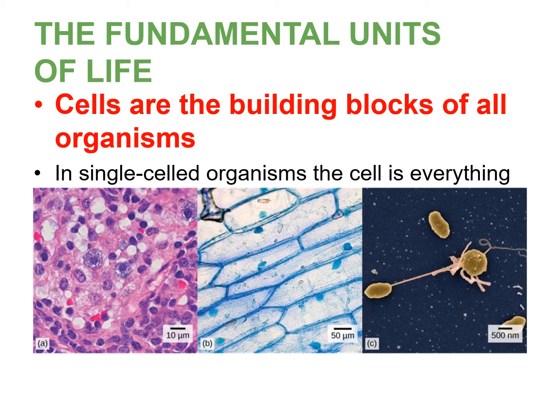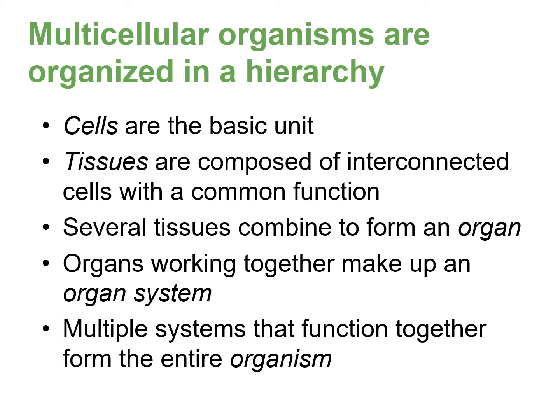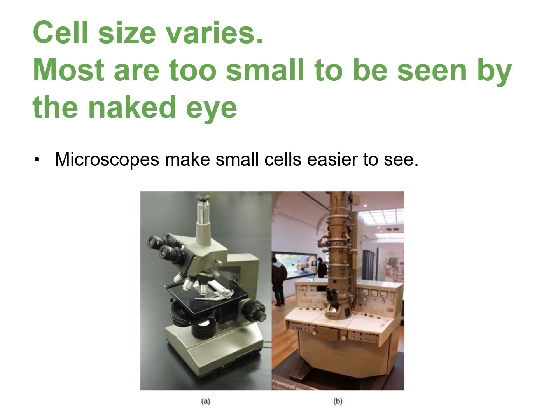It could be one cell, it could be multi-cells. Cells as the unit. Get a bunch of cells together, working together, you get a tissue. Get a bunch of tissues together, you get an organ. Get a bunch of organs together, organ system. Enough organ systems, you have an organism. But it's all built on a cell.